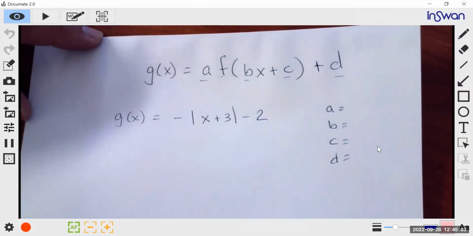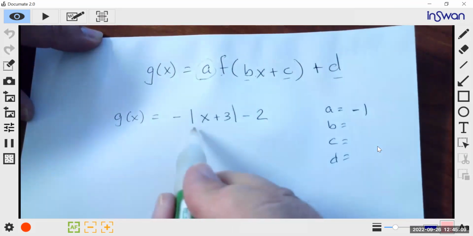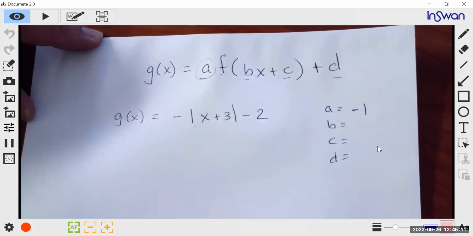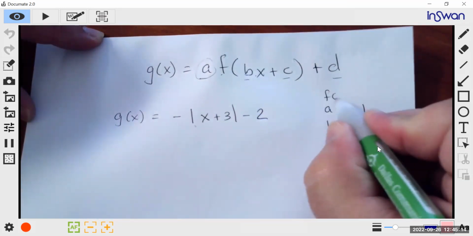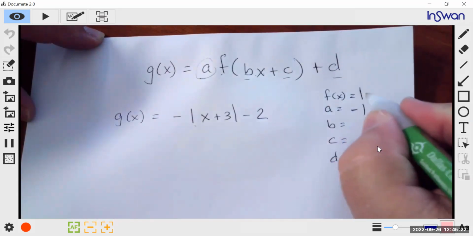What's a? -1, very good. Because a is in front of the function. The function, what's the function? Absolute value of x, that's it.